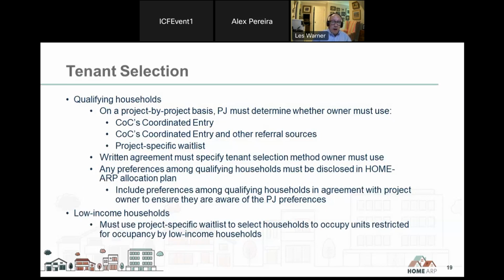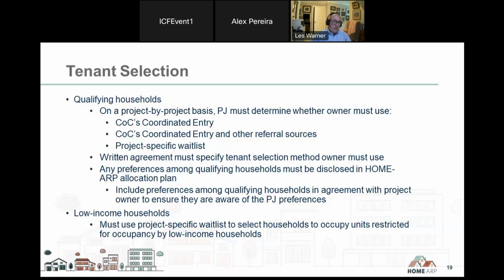You could be pairing with your continuum of care's coordinated entry process. But you could also be doing your coordinated entry in combination with other referral sources. So you may have other providers working in the area that are trying to serve households that would be qualifying households that would also be working in conjunction with that.